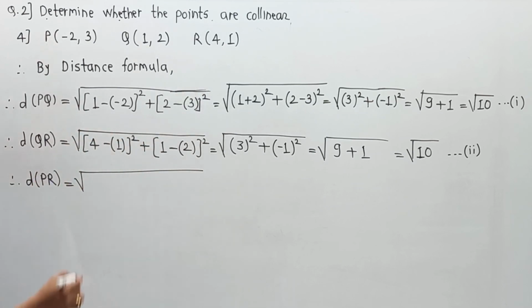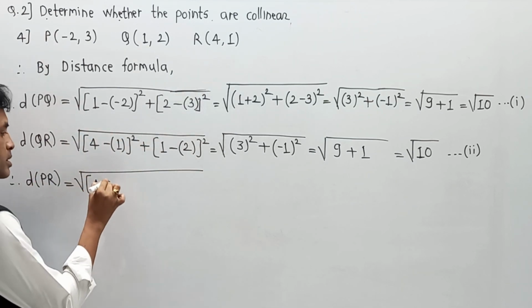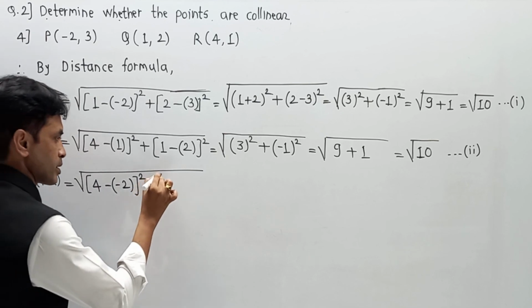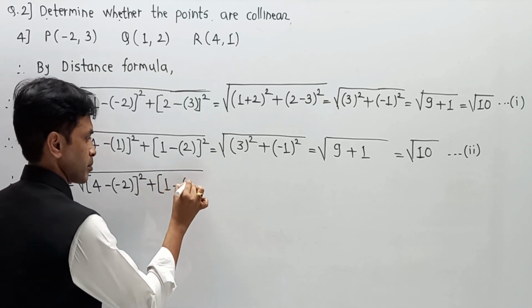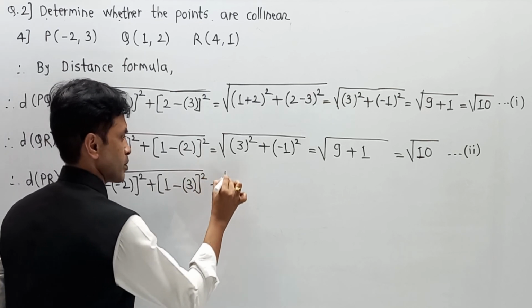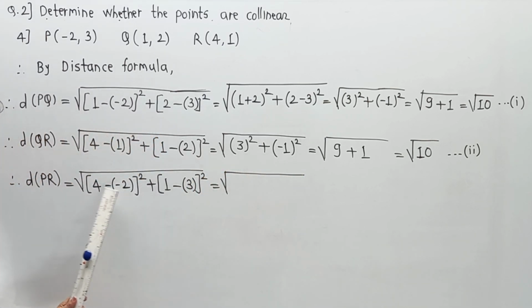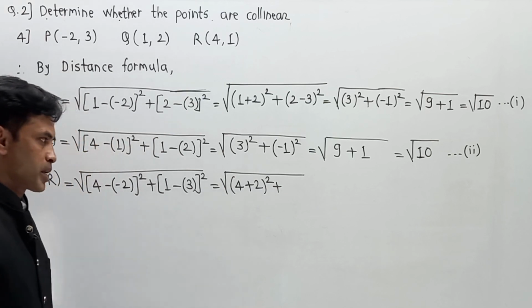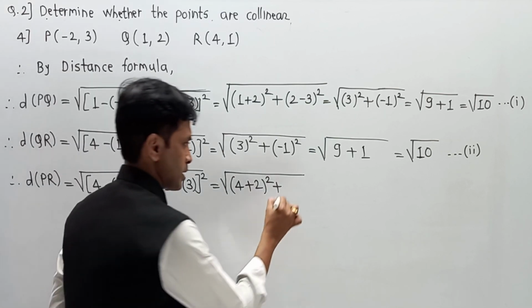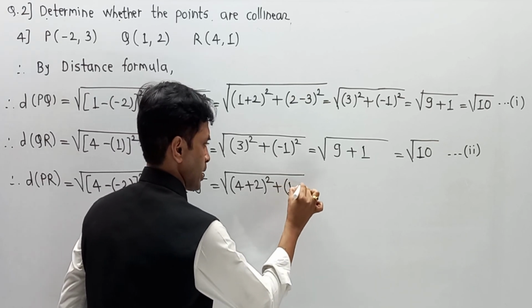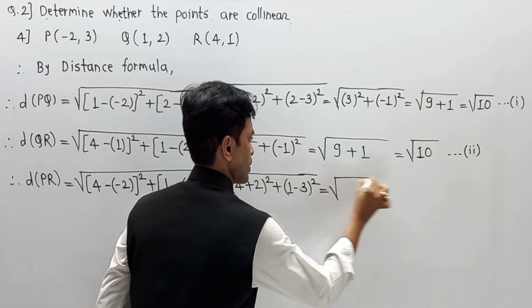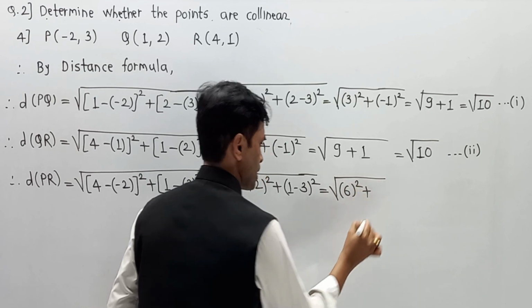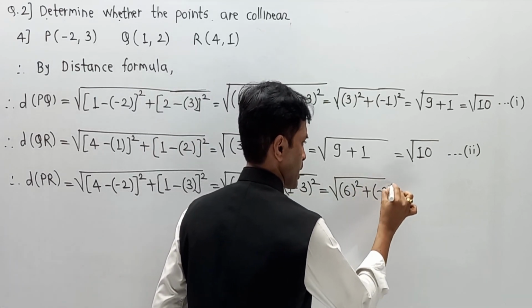So x2 minus x1 becomes (4 minus minus 2) square plus y2 minus y1, so (1 minus 3) square, is equal to under root of 4 minus of minus, so it becomes (4 plus 2) square plus (1 minus 3) square, is equal to, here 4 plus 2 is nothing but 6 square plus 1 minus 3 means (minus 2) square.